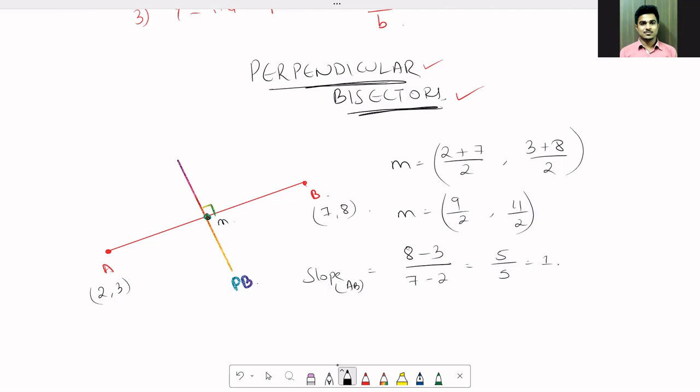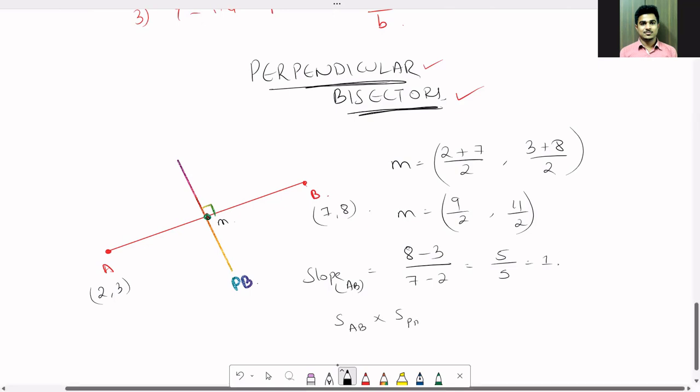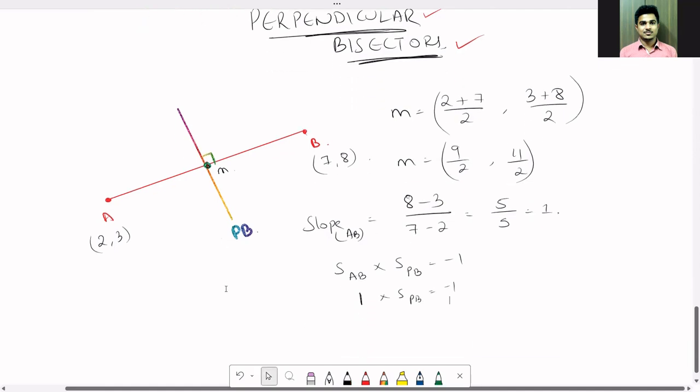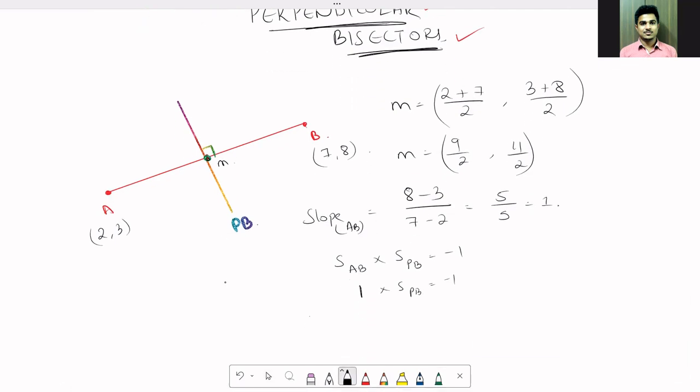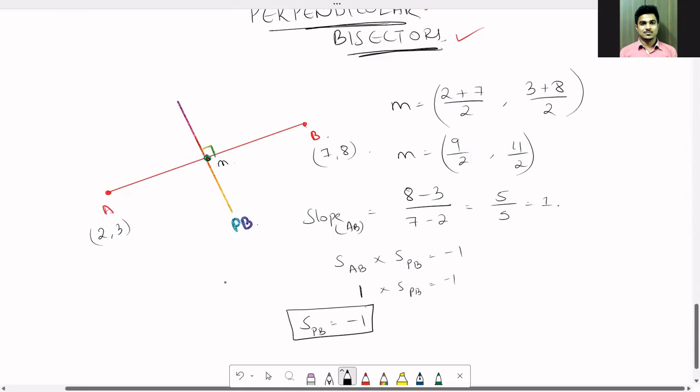We know that the product of the slope of the given line and the slope of its perpendicular will give you minus 1. So the slope of AB into the slope of PB should give you minus 1. So instead of AB, I can write 1 into slope of PB will give you minus 1. So from here, I can conclude the slope of the perpendicular bisector line for this particular example is minus 1.